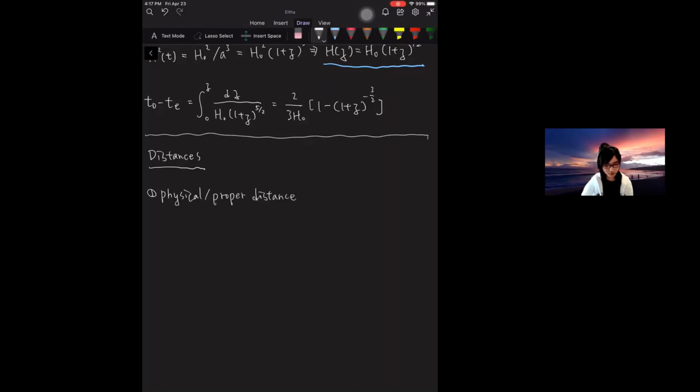This is a very simple concept: it's just the proper distance of when light left the object, so it's just c dt, right? The professor has also covered a bit of this in today's lecture. The proper distance is related to the co-moving distance by the scale factor, so it is equal to a times dr, where dr here is the co-moving distance.